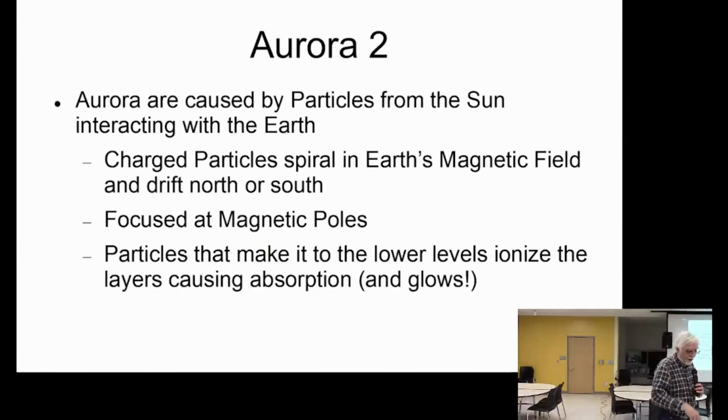And when they have enough energy to get low enough, which is why you get aurora when there has been solar activity, because you've got the higher energy particles coming down, they get further before they hit that magnetic mirror, and eventually they get to the point where they hit the Earth's upper atmosphere and start interacting with the atmosphere.